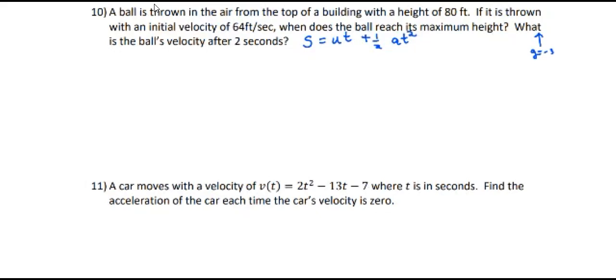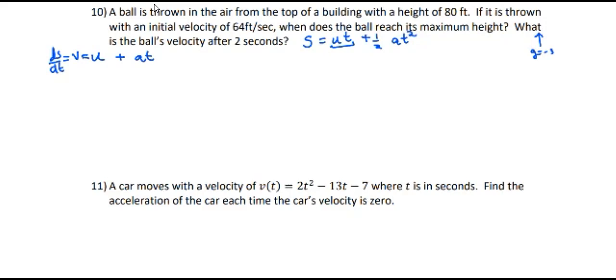If the distance is given by this, then ds/dt, the change of distance with change in time, is going to be the velocity. That's just the derivative of this with respect to t. The derivative of ut with respect to t is just u, and the derivative of half at squared with respect to t is going to be at.